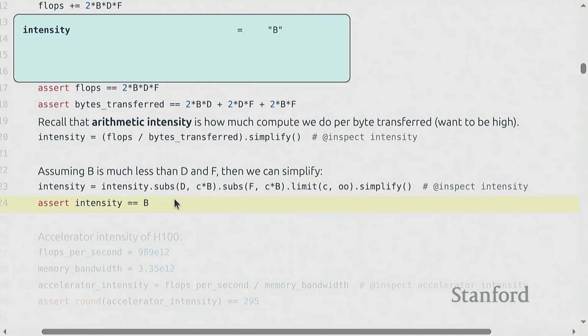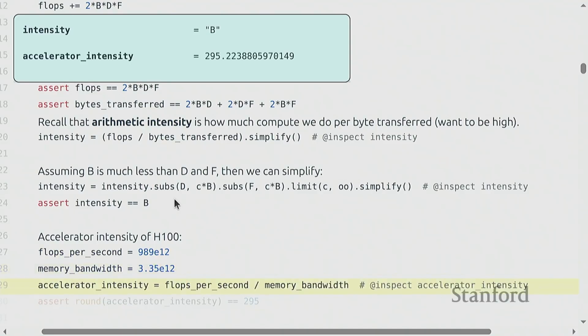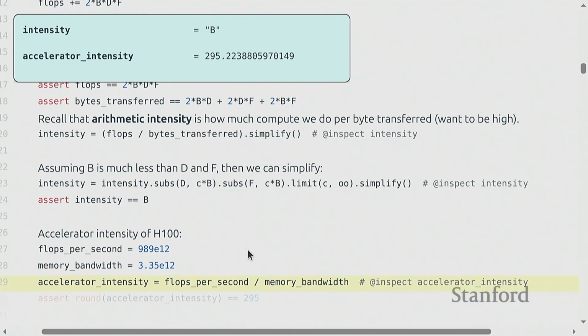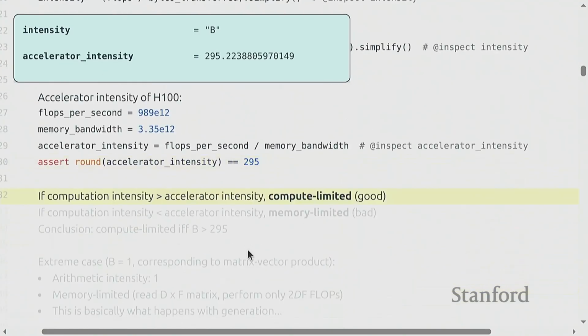Now the second part is you look at the accelerator, which for the H100 has FLOPs per second of 989 teraFLOPs and memory bandwidth of 3.3 terabytes per second, and you divide, and that gives you what is called the accelerator intensity. If the computation intensity, which is B, is greater than the accelerator intensity, that means you're compute limited.